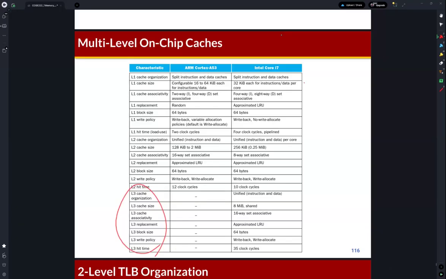And for the Intel CPU, the level 2 cache is the private cache. Also the level 1 cache is the private cache, but the level 3 cache is shared by multiple cores, usually in Intel or AMD CPUs.